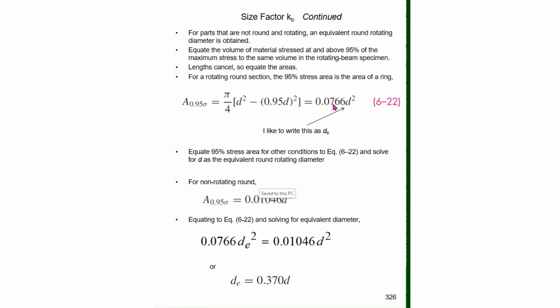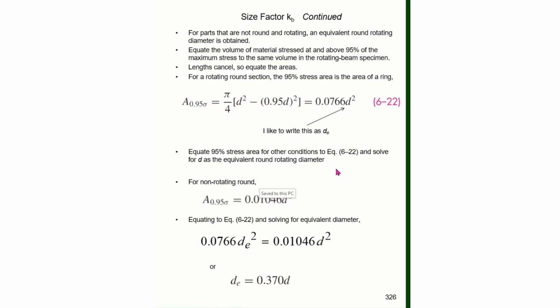And this is 0.0766 d squared. So this is the area in the round rotating bar that carries 95% of the stress. It's a ring on the outside of the bar, and the ring area is given by 0.0766 d squared.